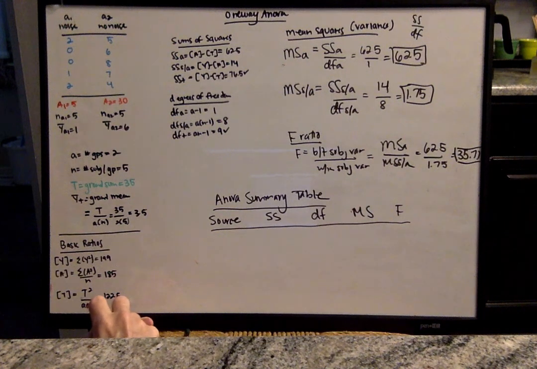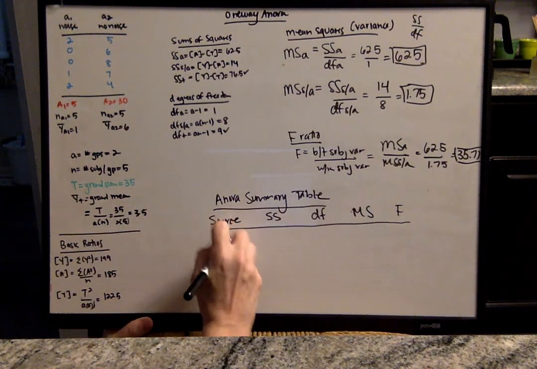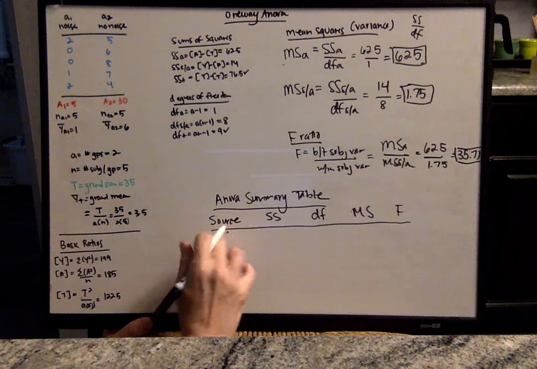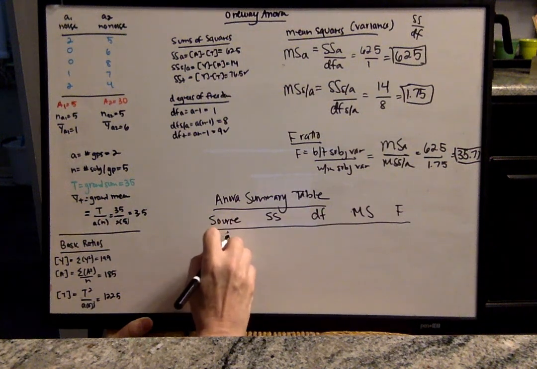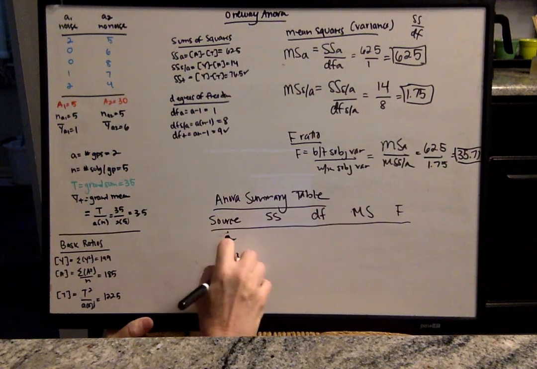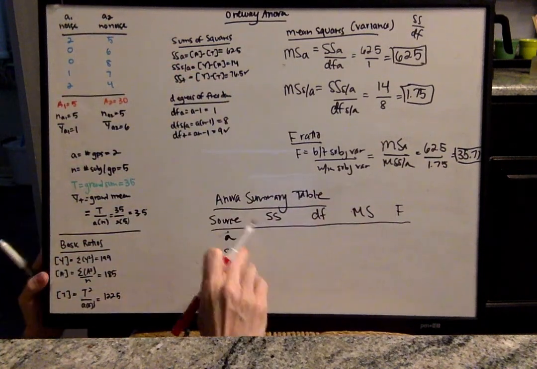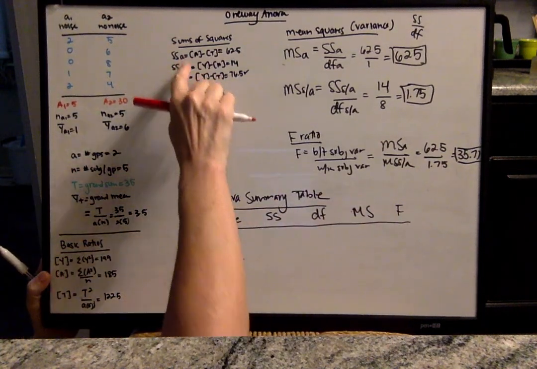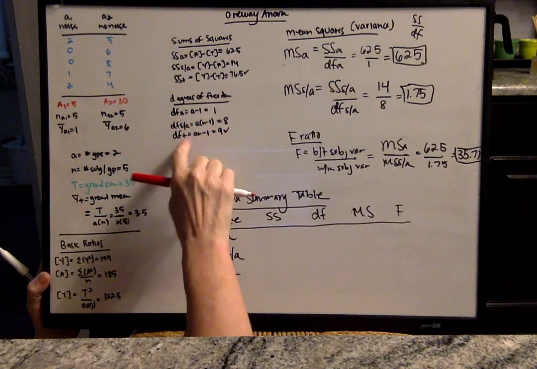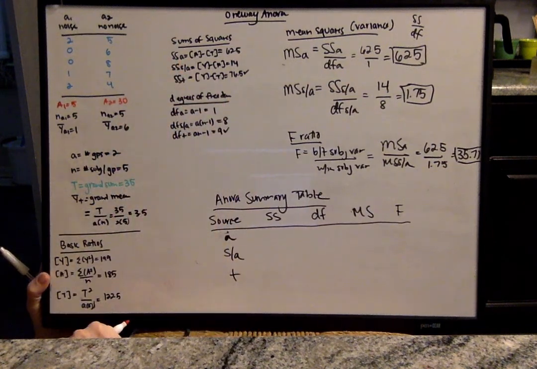For the sources, we have A, S over A, and T. So what exactly are these things referring to? Well, A, S over A, and T are the little subscripts that you can see on these calculations as we move through the table.